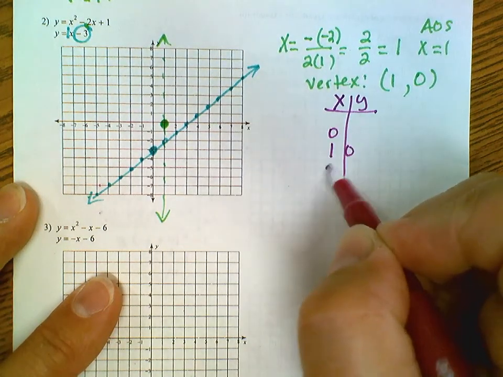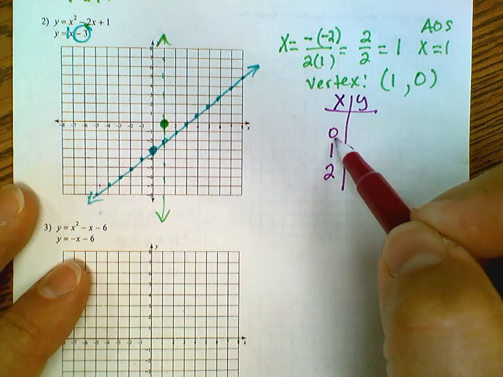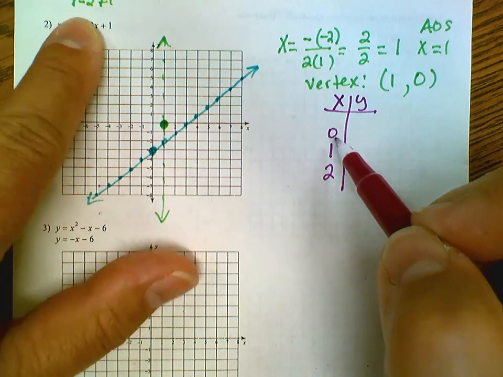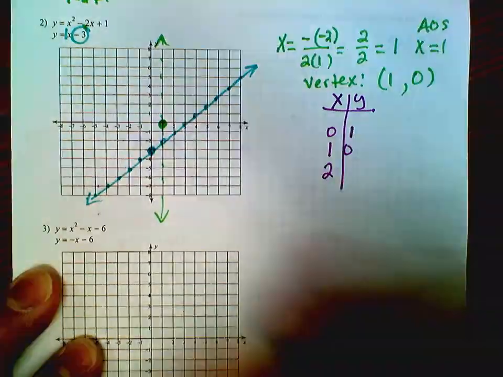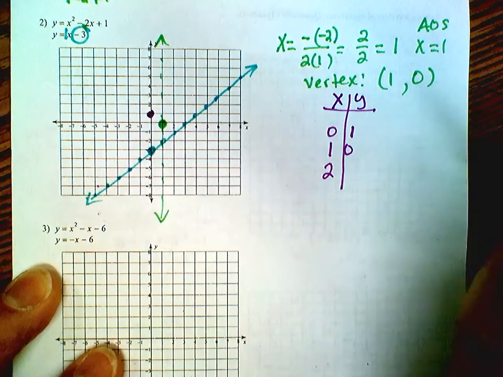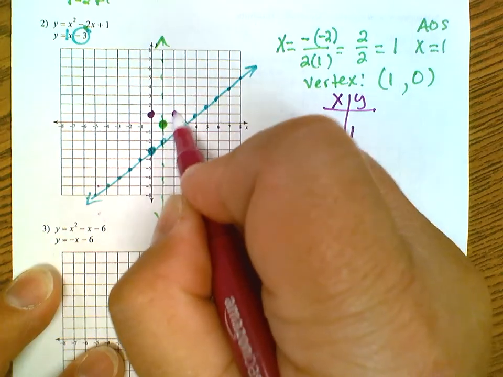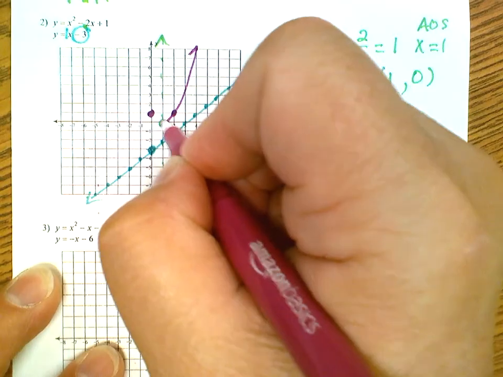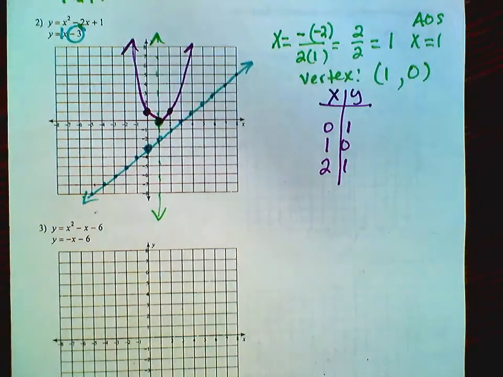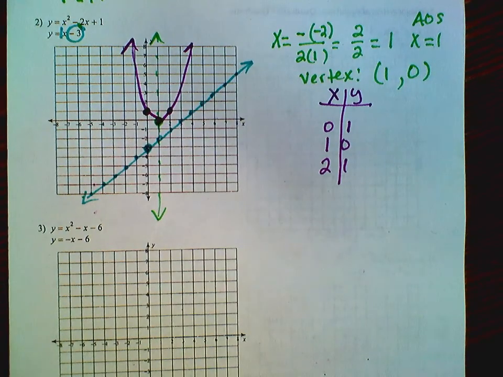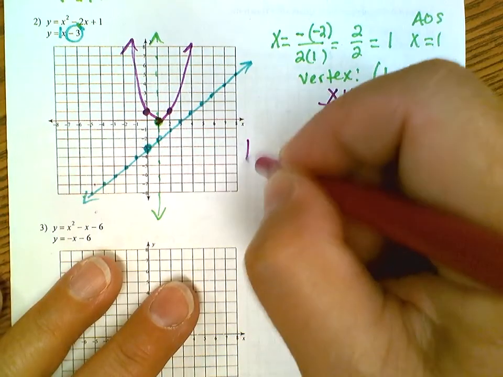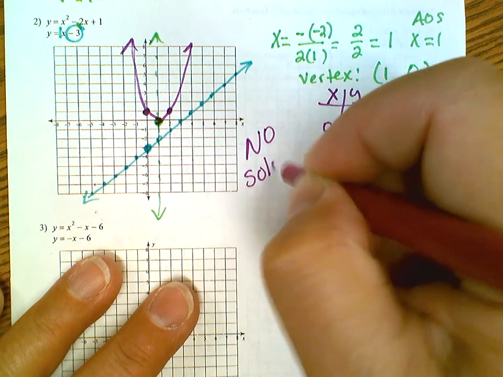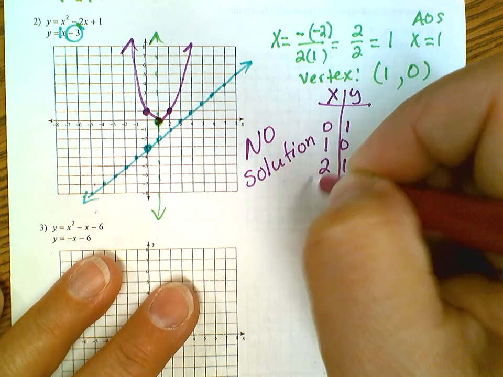So I'll go to either side. Plugging in 0 is easy because that gives me my y-intercept of 1. And then my axis of symmetry gives me my other one. And so here is what's happening. Where do those two graphs intersect? They do not. So there is no solution here.